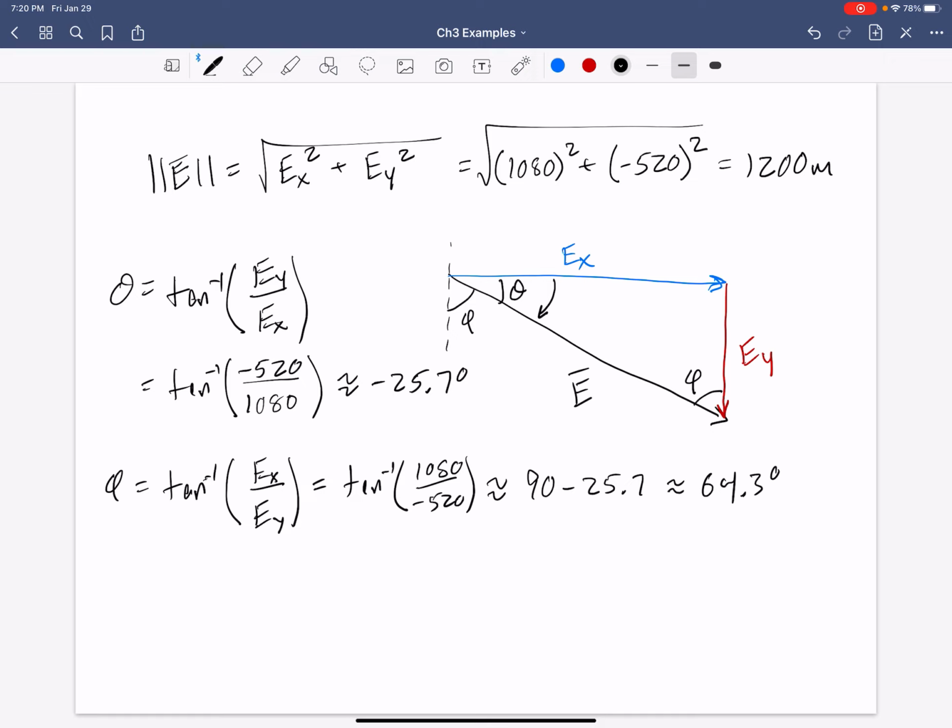So then you would say from that direction, so that would be a positive 64.3, and you could even say from the minus y hat direction, if you wanted to, right? Again, at least in this problem, I would stick with this convention, right? That location for the angle, in that case, inverse tangent of negative 520 over 1080, and it's about negative 25.7, okay?